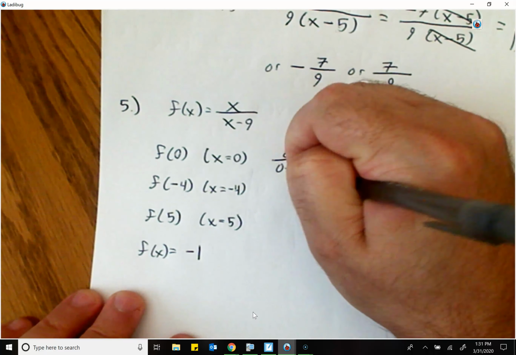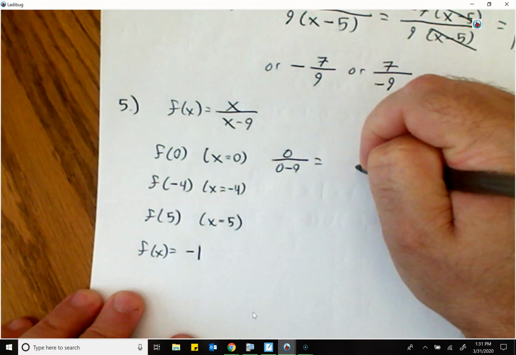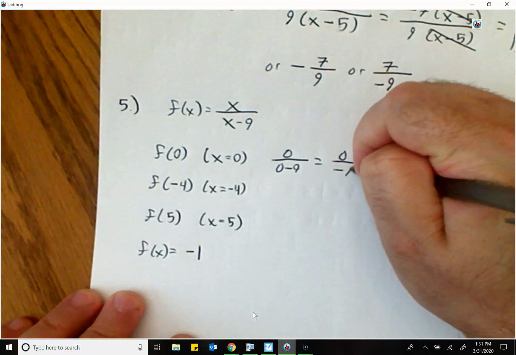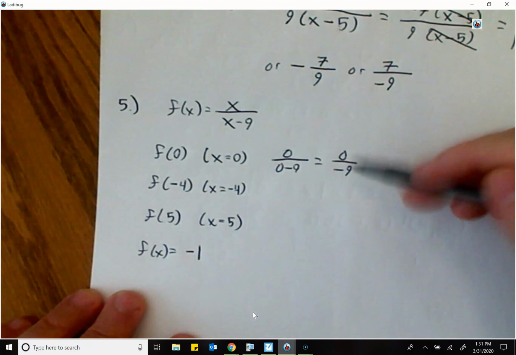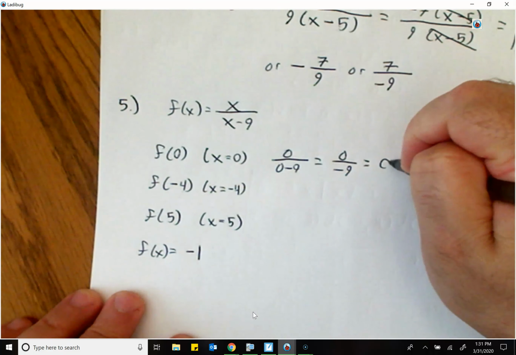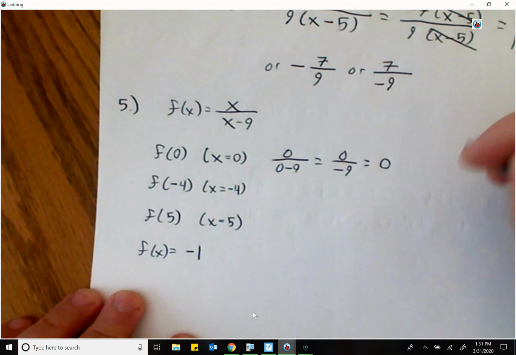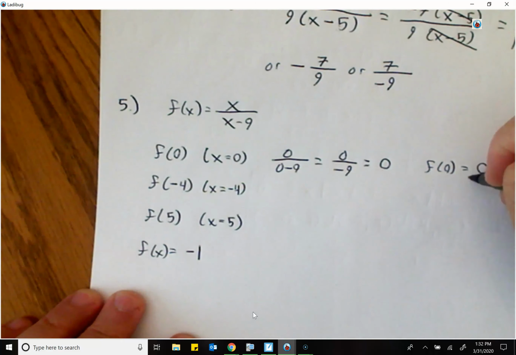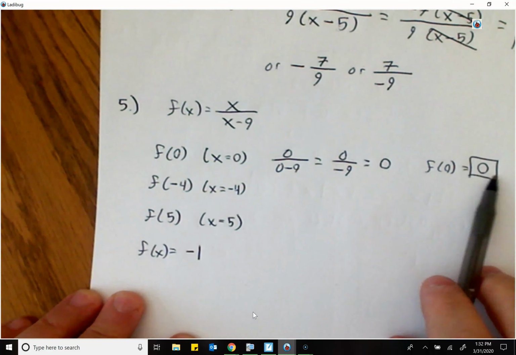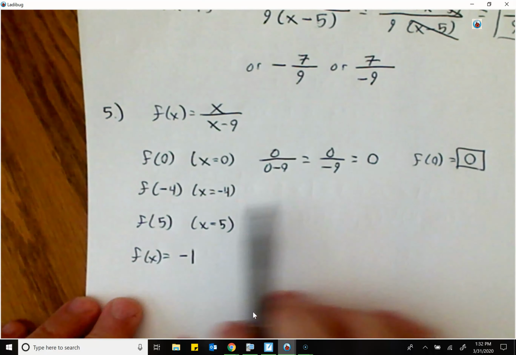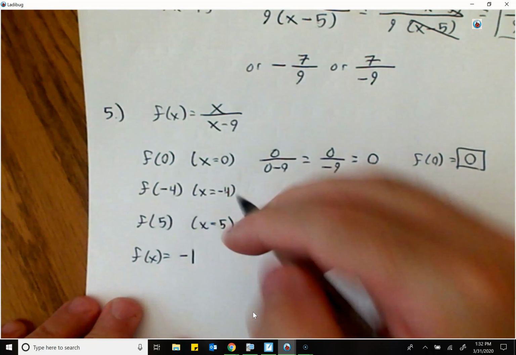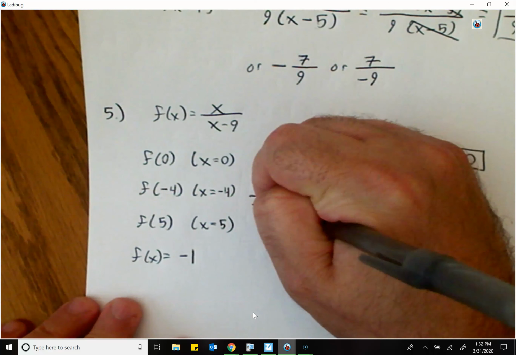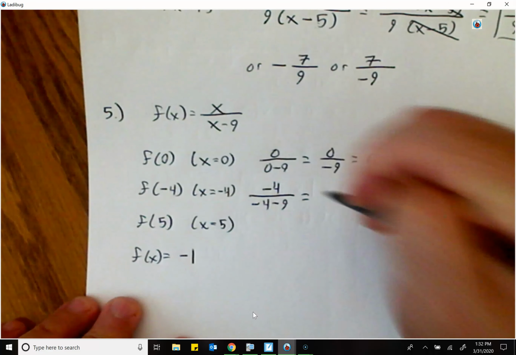So if I plug in 0 all over 0 minus 9, well, 0 minus 9 is negative 9. What's 0 divided by negative 9? That is 0. So f of 0 is equal to 0. That's what they want to know. So f of negative 4, so we're going to put negative 4 divided by negative 4 minus 9.